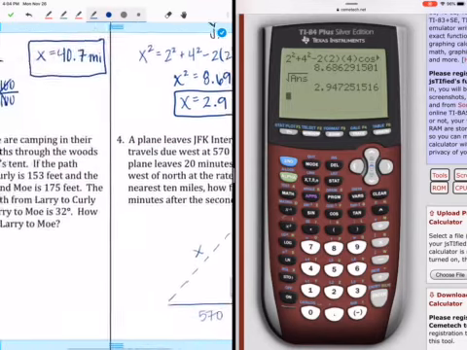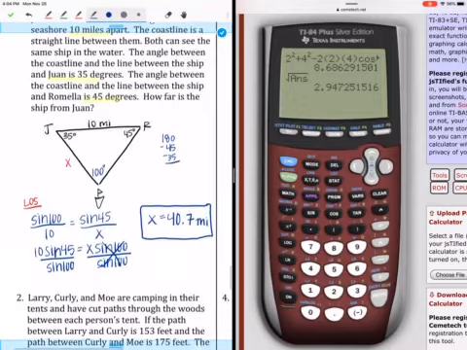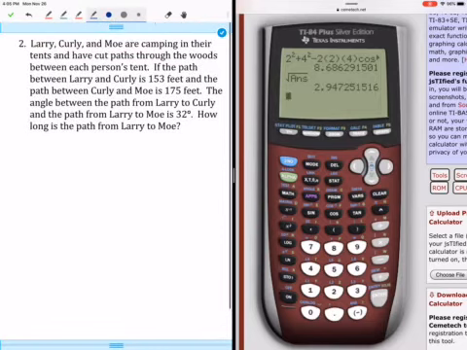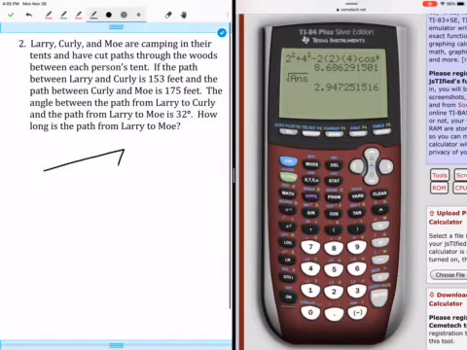All right, for question 3, oh, sorry, I guess I went backwards the other way. Question actual 2, third question. Larry, Curly, and Mo are camping in their tents and have cut paths through the woods to each person's tent. So go ahead and sketch my triangle. One represents Larry, Curly, Mo.